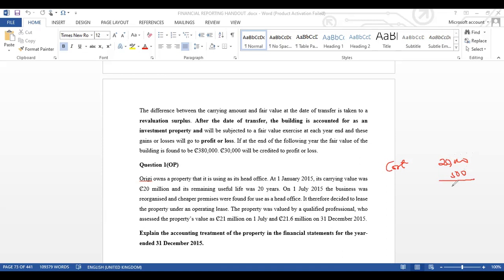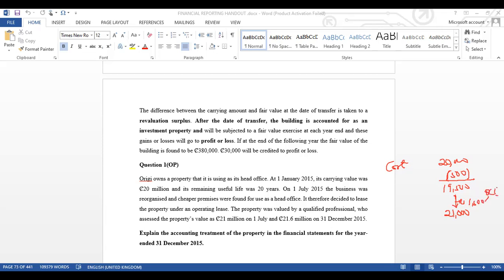The carrying amount I deducted, and I had the carrying amount of 19,500,000. As at that time, the revaluation figure was 21 million. So I had a revaluation surplus of 1,500,000. That will go to the OCI.